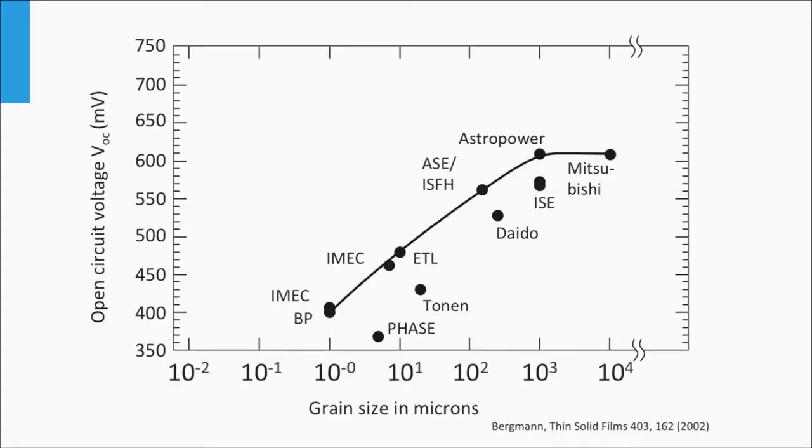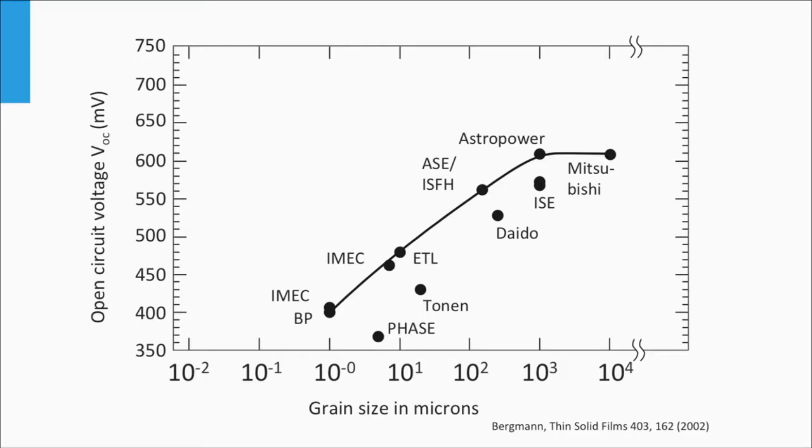In this figure from a paper of Bergmann, we see the relation between the open circuit voltage of various solar cells developed over the world based on multicrystalline wafers. On the horizontal axis, the average grain size of the multicrystalline silicon absorber layer is shown.